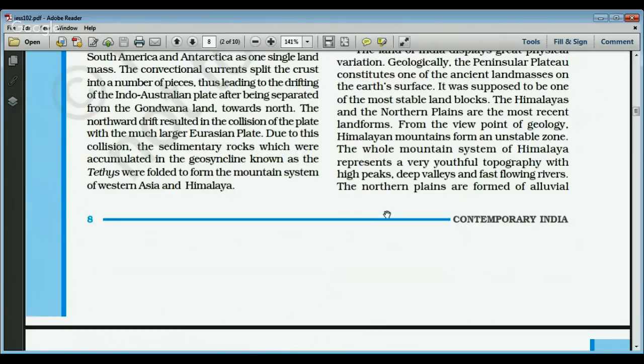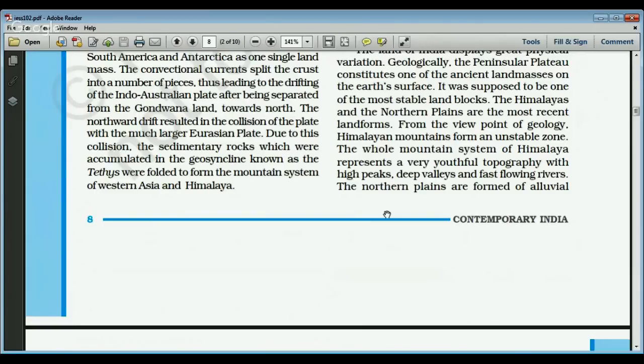This is a fact, please remember this: in any type of interaction between the tectonic plates, either in folding or in faulting, folding means they come towards each other, and faulting means they go away from each other, or they form a transform boundary. In any case, volcanoes and earthquakes will take place.